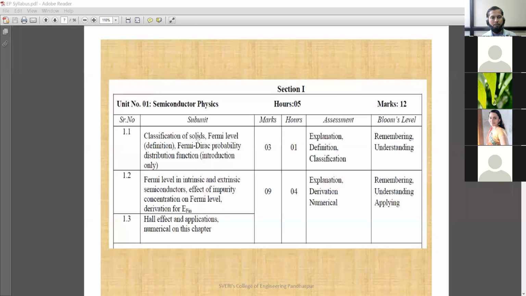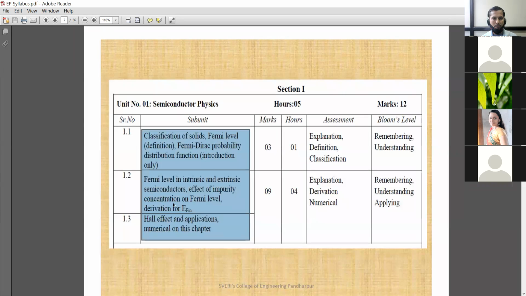The first page is your introduction, then this syllabus, in that unit number 1, semiconductor physics. Have you written these points? Yes, sir. Okay, good.